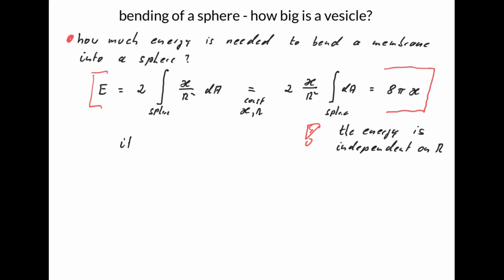Also, if we now fill in the numbers, we find that with kappa equal to 19 kBT, the total energy to bend a bilayer into a vesicle or into a spherical structure costs 400 kBT, which is a tremendous amount of energy that would be required.